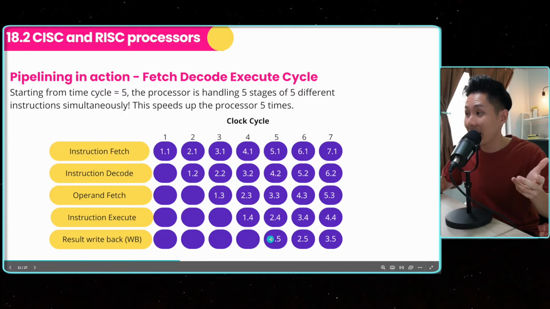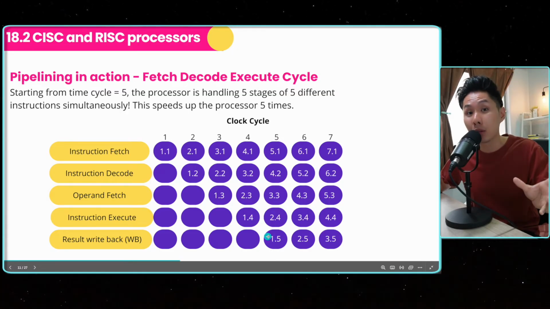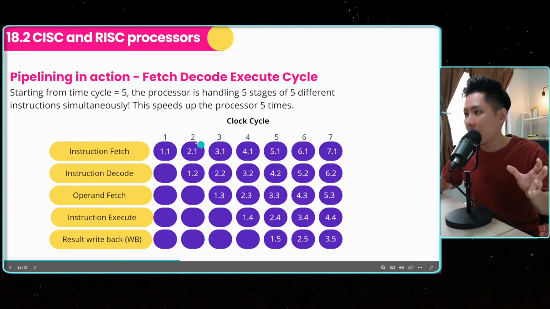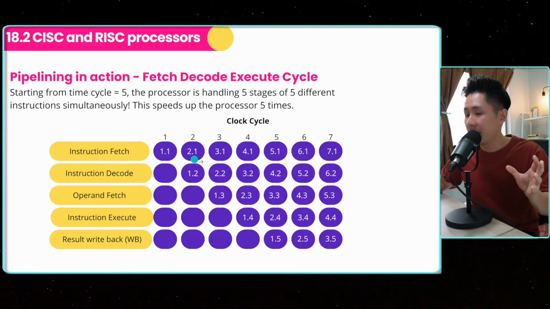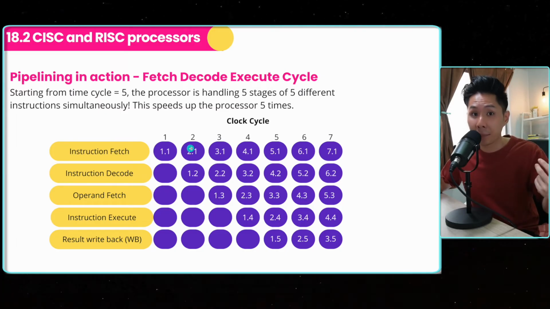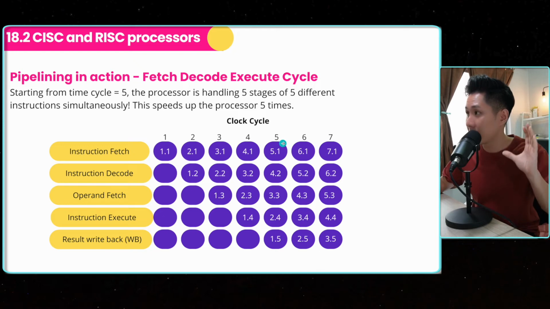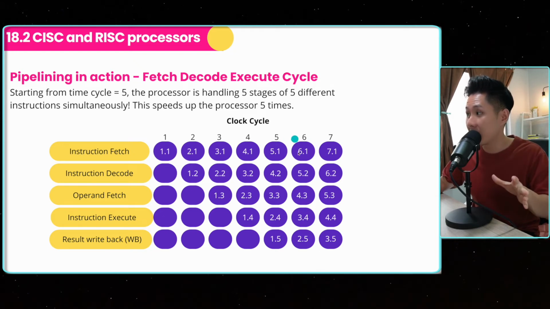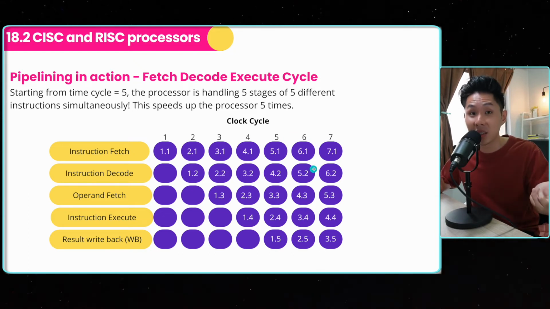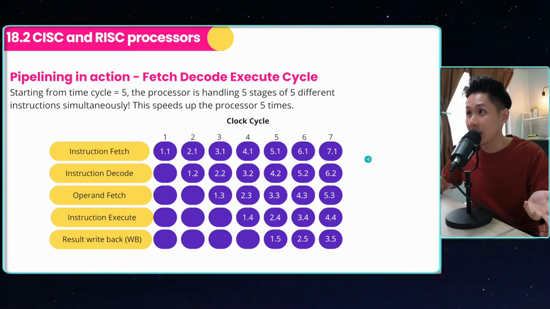But by making the instructions simpler in RISC, at each clock cycle, the component that is idle can take in a new instruction straight away. From cycle 5 onwards, the processor is multitasking. This is what we call parallel programming.